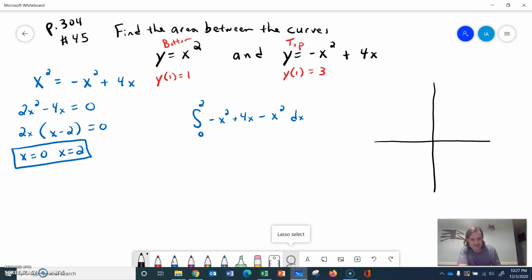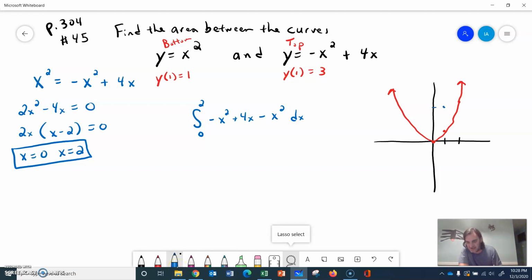So in this case, we know they intersected at 0 and 2, so 1, 2. So the first function there, the x squared, will look something like this as far as the parabola goes. Sorry, my hand's a little shaky on that side. And then the other one, the negative x squared plus 4x, has a point at 1, 3.